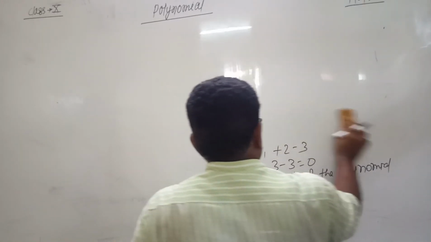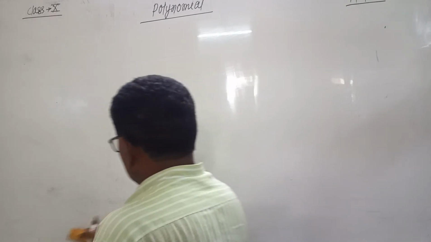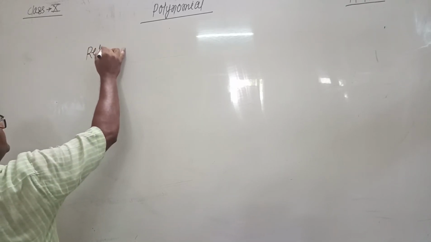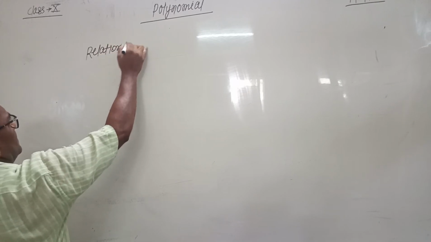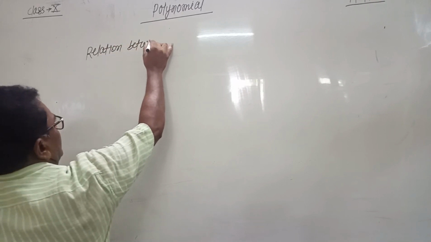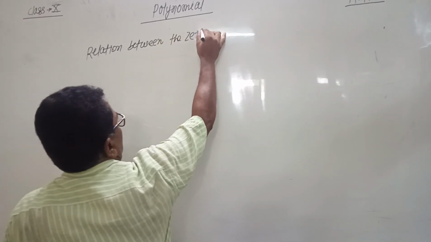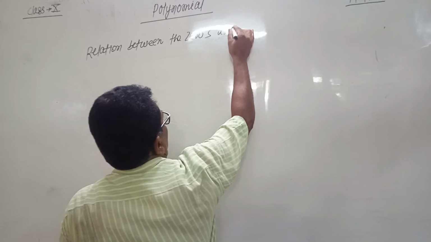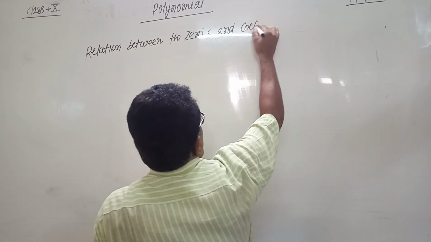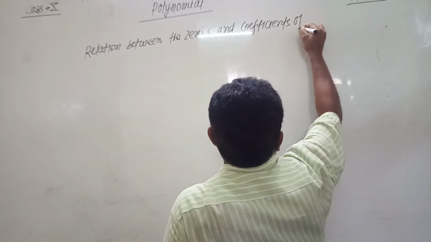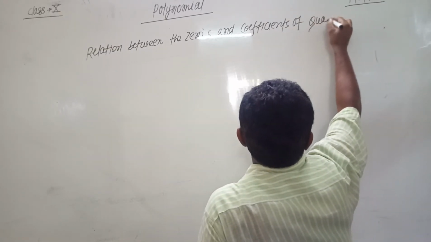Now the next topic which we will discuss is the relation between the zeros and coefficients of a quadratic polynomial.